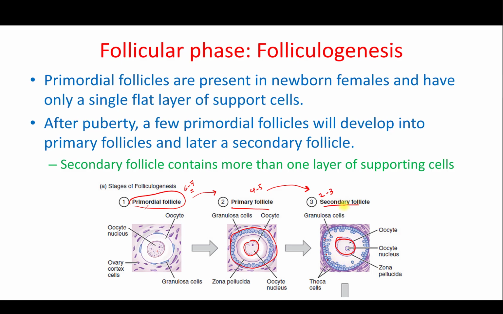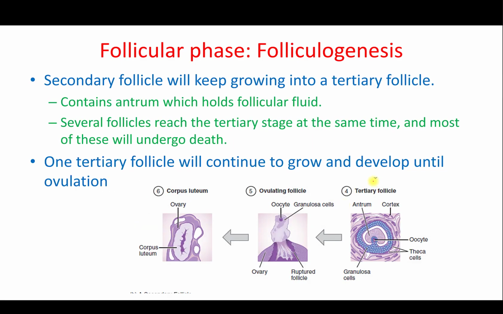And some of those secondary follicles, maybe 1 or 2, will develop into a tertiary follicle. A tertiary follicle is a follicle that has a space. Now we have an antrum. This space is usually filled with fluid that contains enzymes and sugars to support the cell. And from this tertiary follicle, usually every month we will have just one ovulating follicle.